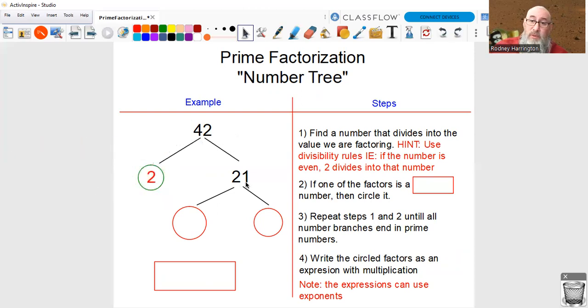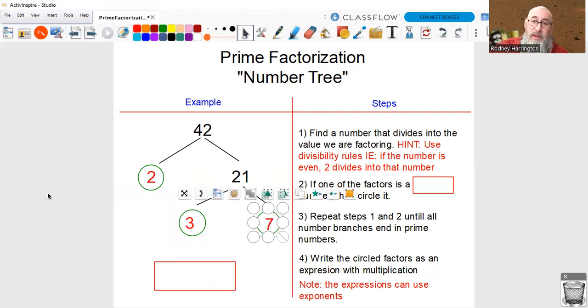So 2 times 21. Now, if one of our factors at the branch is a prime number, we're going to go ahead and circle it so we know that we're done with that branch and it's a prime number. So now we have 21, and we know from our multiplication tables that is 3 times 7. 3 and 7 are both prime numbers.